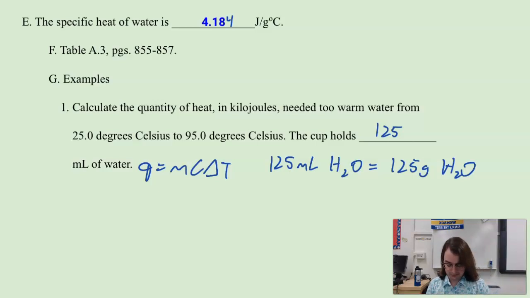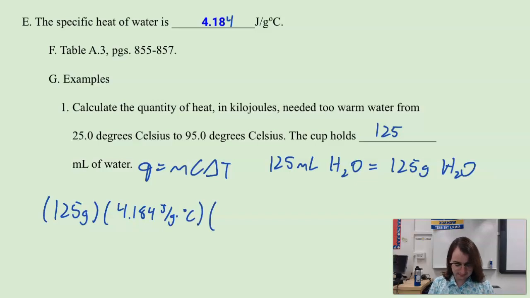So now we have everything we need. Let's go ahead and set it up and knock it down. So we have 125 grams. We have the specific heat of water, which is 4.184 joules per gram degree Celsius. And in this situation, technically, we're going to get a negative number for TF minus TI. But since we're not looking for either one, why don't we just keep it positive?